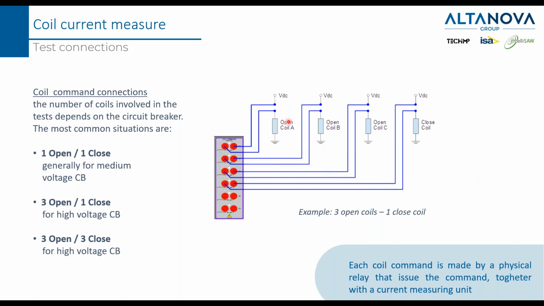You have to connect the open coil or the closed coil to a device that is able to read the voltage and also measure the flowing current. With our device, it is possible. You can connect up to 3 open coils, 1 closed coil, but also 3 open coils and 3 closed coils.